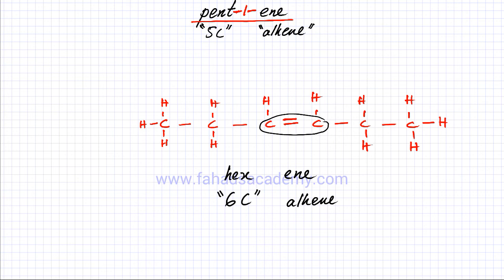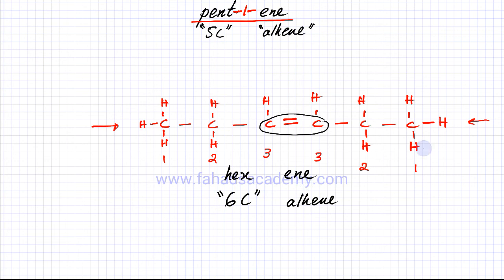And lastly, you need to figure out the position of the carbon double bond carbon. So if I count from the left hand side, this is carbon number 1, this comes out to be carbon number 2, and the double bond is located at carbon number 3. If I count from the other side, this is carbon number 1, this is carbon number 2, and this is going to be carbon number 3.